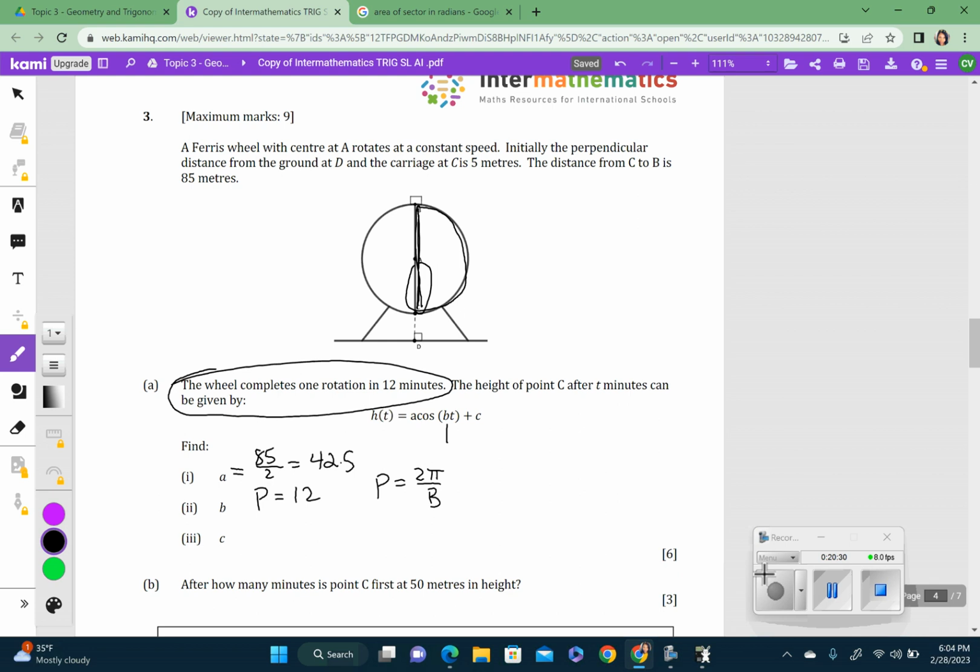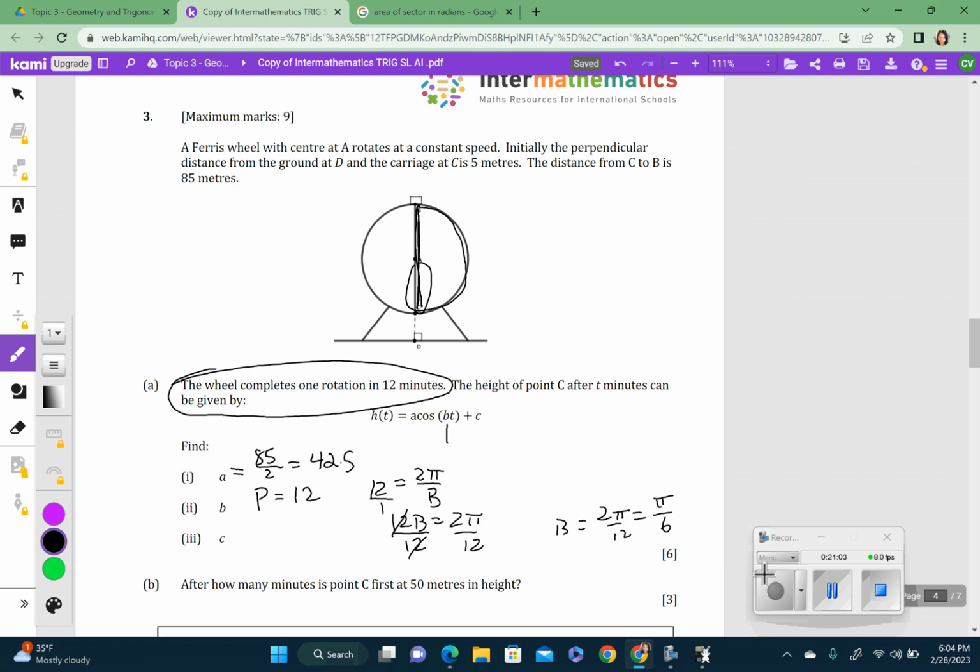So instead of P, I can substitute the number 12 here. So I cross multiply: 12 times B is 12B is equal to 2 pi. To get the B by itself, I divide both sides by 12. And I get B is equal to 2 pi over 12, which is the same thing as pi over 6. So that's our B. So that's pi over 6 radians.